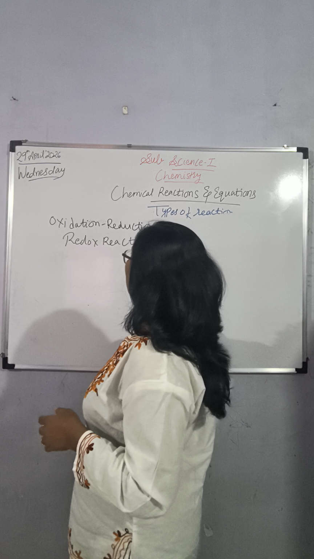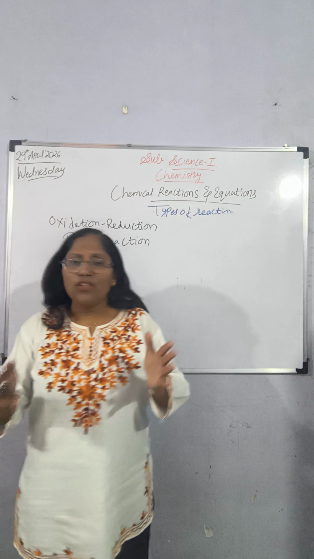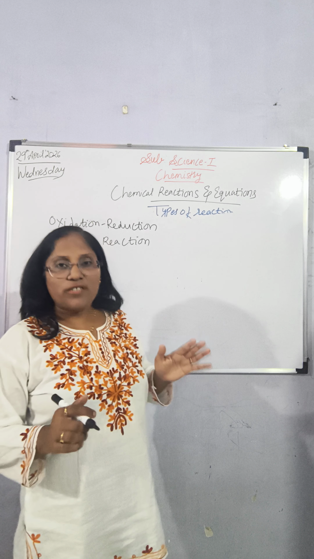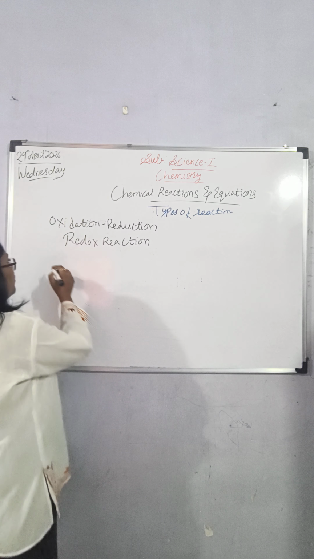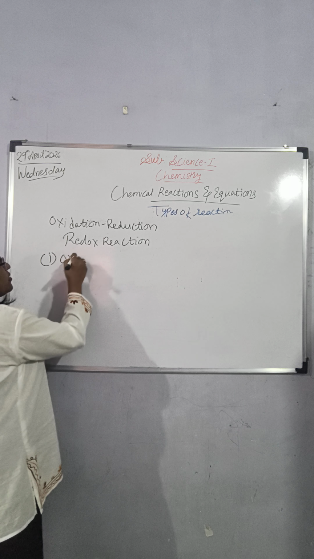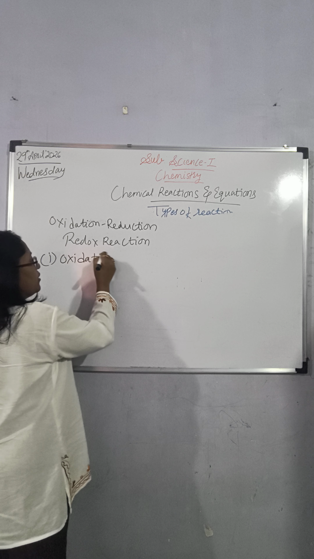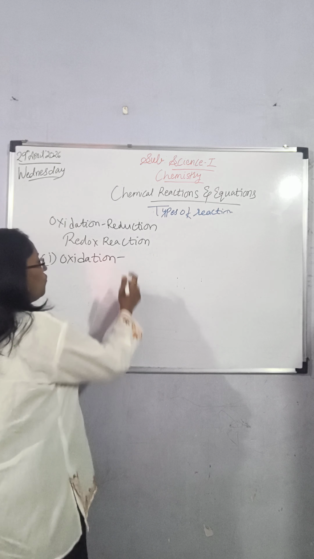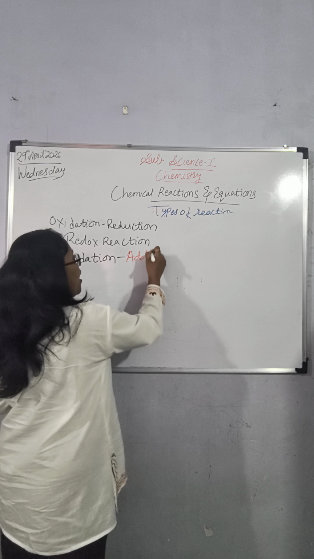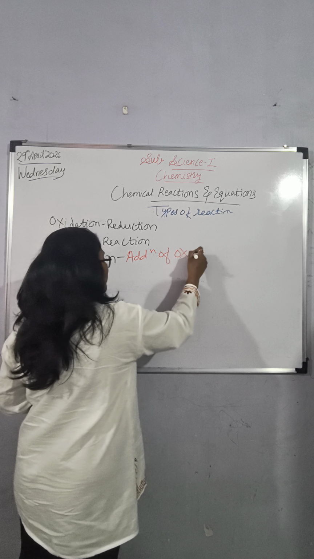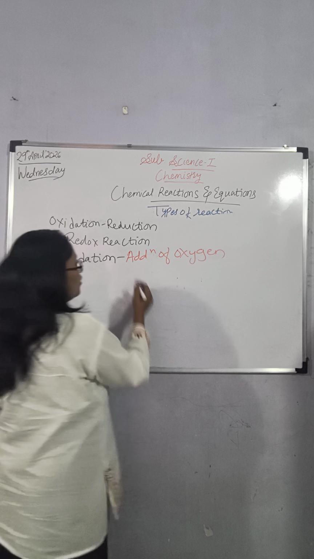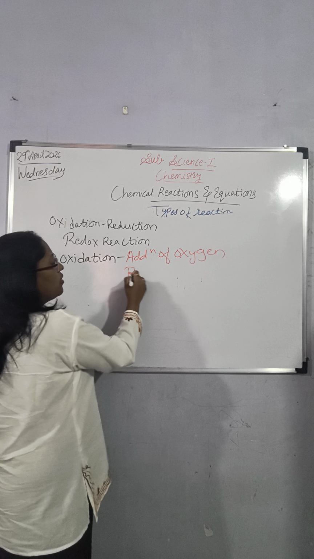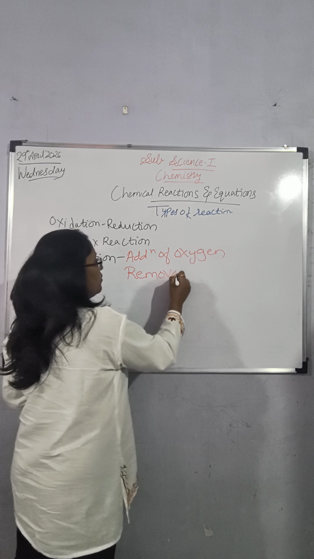Now what is redox reaction, or what is oxidation? First we will see what is oxidation. I'll tell you the definition of oxidation. Oxidation means what? The first definition is addition of oxygen. The second definition of oxidation is removal of hydrogen.